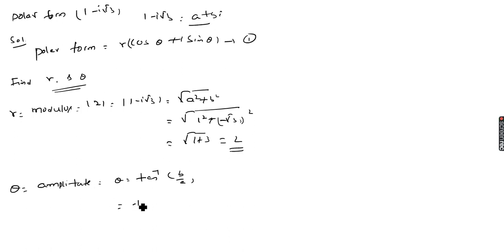So it is tan inverse of minus root 3 by 1, that is tan inverse of minus root 3. So we get minus tan inverse of root 3. When it is root 3, that is pi by 3.